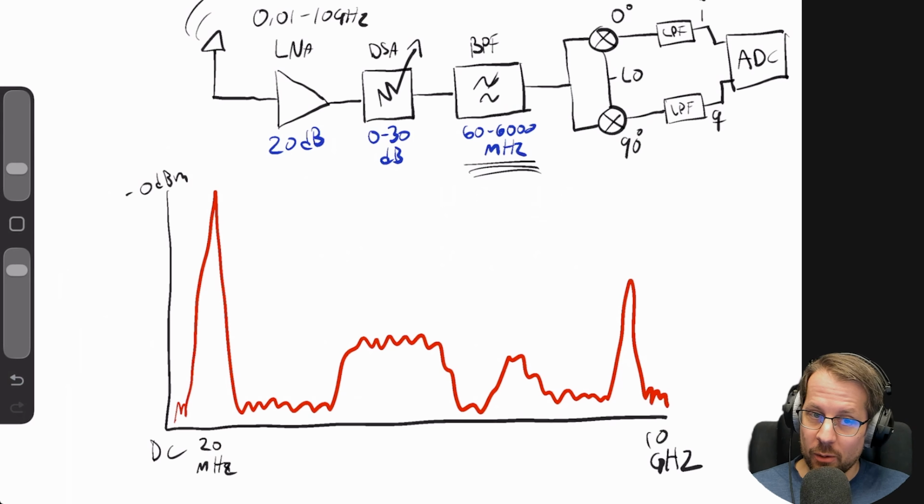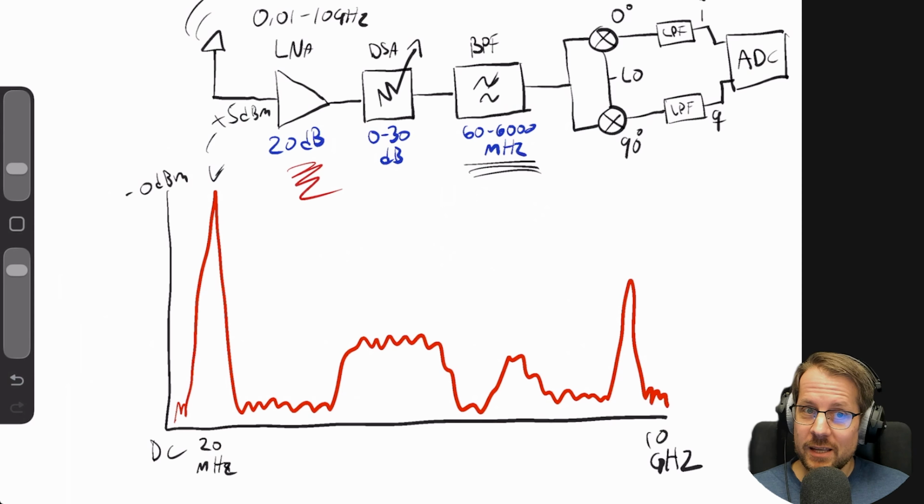Even the curve is probably a little bit lower. It will also add some gain to signals above and below. But this signal is on 20 megahertz. So when this enters, let's say this is plus 5 dBm on 20 megahertz, this will severely overload the amplifier, and you will not even be able to see it.